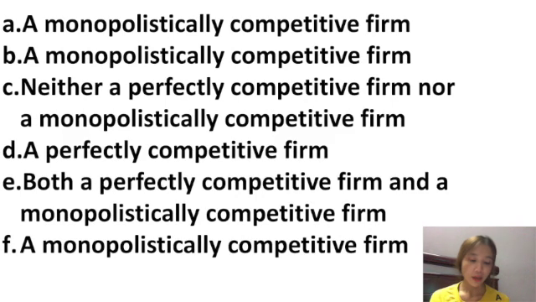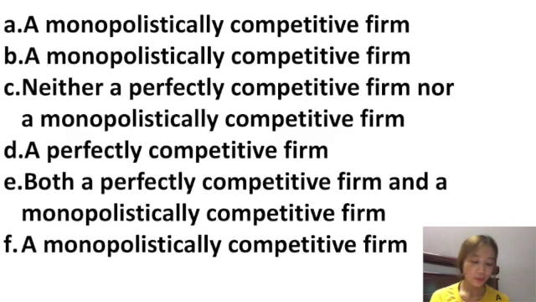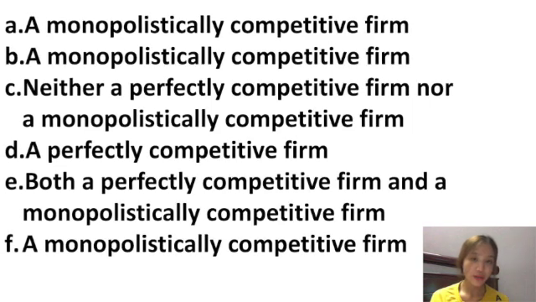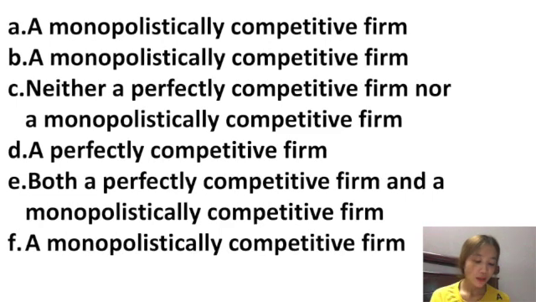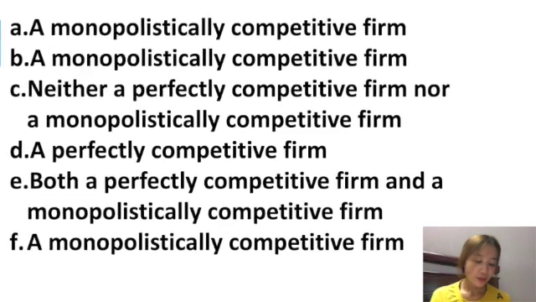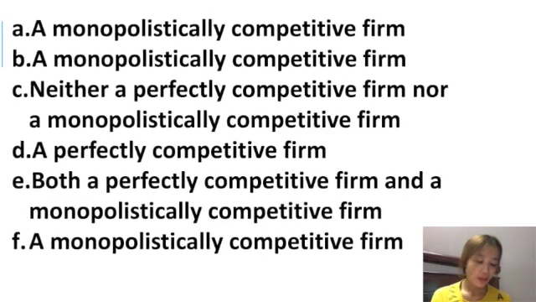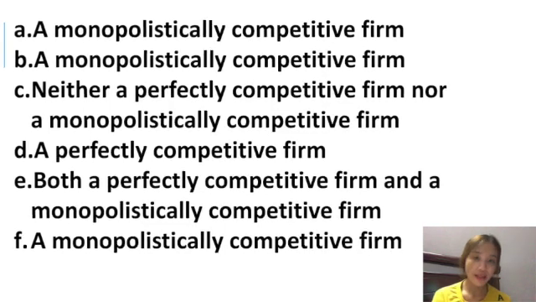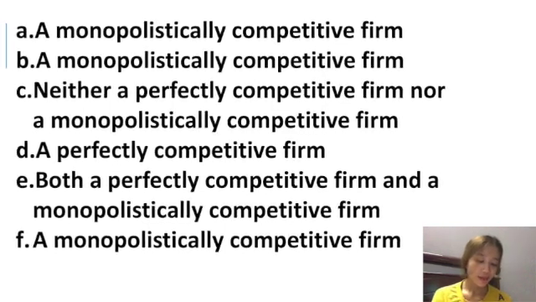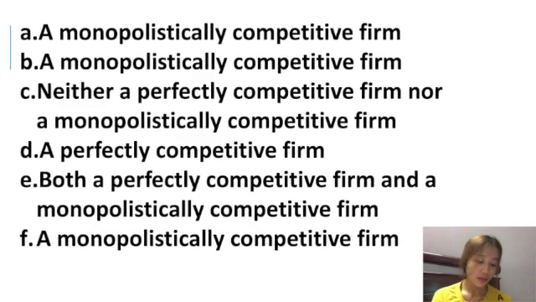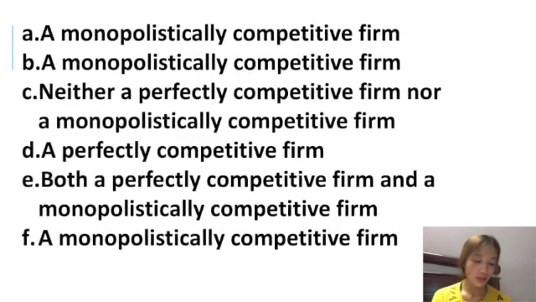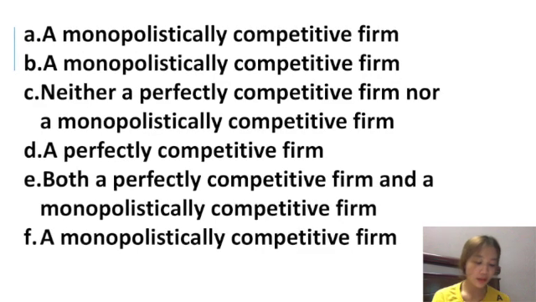Question number 3 of chapter 16. First, a firm in monopolistic competition sells a differentiated product from its competitors. Second, a firm in monopolistic competition has marginal revenue less than price. Third, in the long run, neither a firm in monopolistic competition nor in perfect competition earns economic profit.